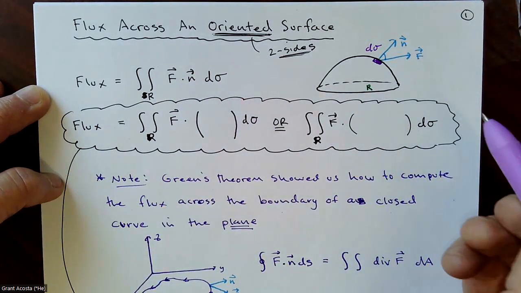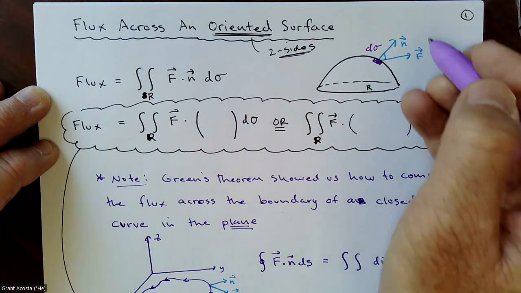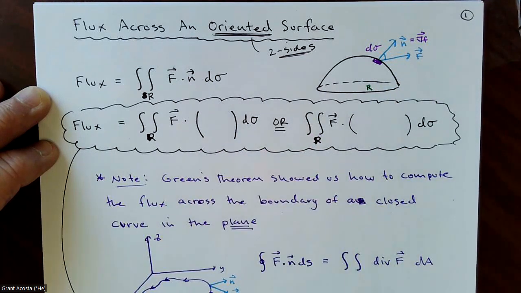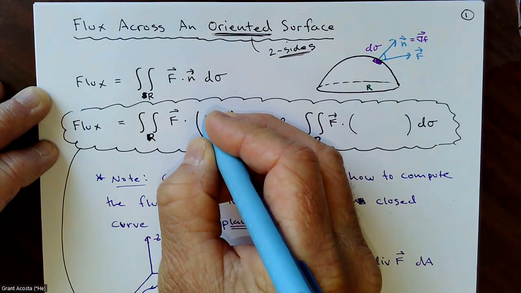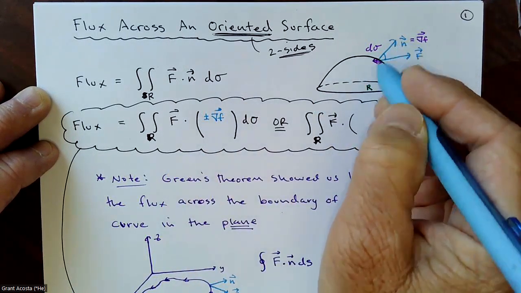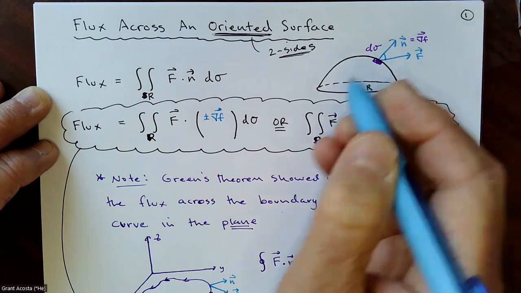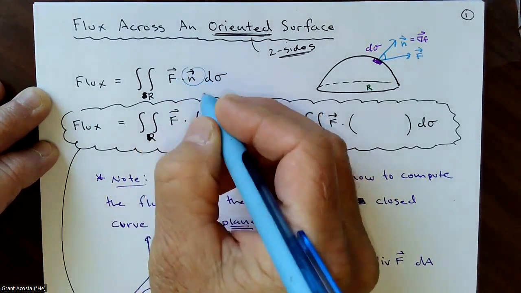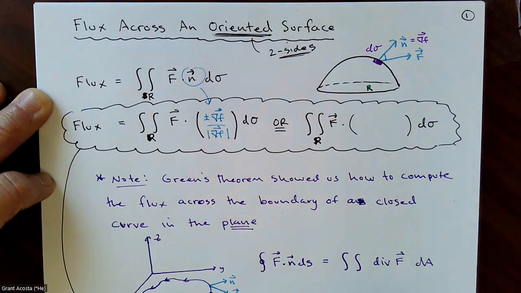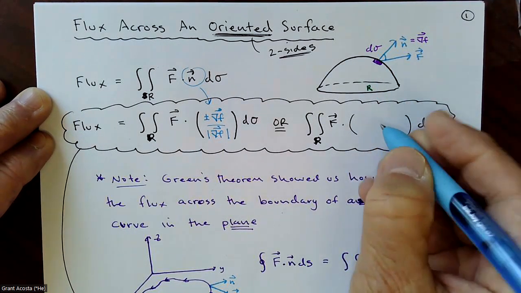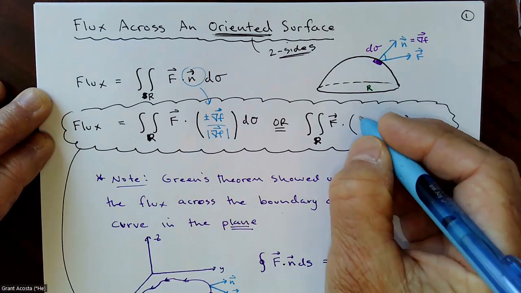One way to find a normal vector to a surface, if we've got an equation, is the gradient vector. So our formula would be F dotted with a unit vector, so we would go plus or minus the gradient, because usually when we do flux we want the flux passing outward away from the origin, over the magnitude of the gradient. So that's one way to calculate a normal vector to a surface. But as we've also seen, if you can parameterize a surface with two variables, you can also find a normal vector by doing the cross product.